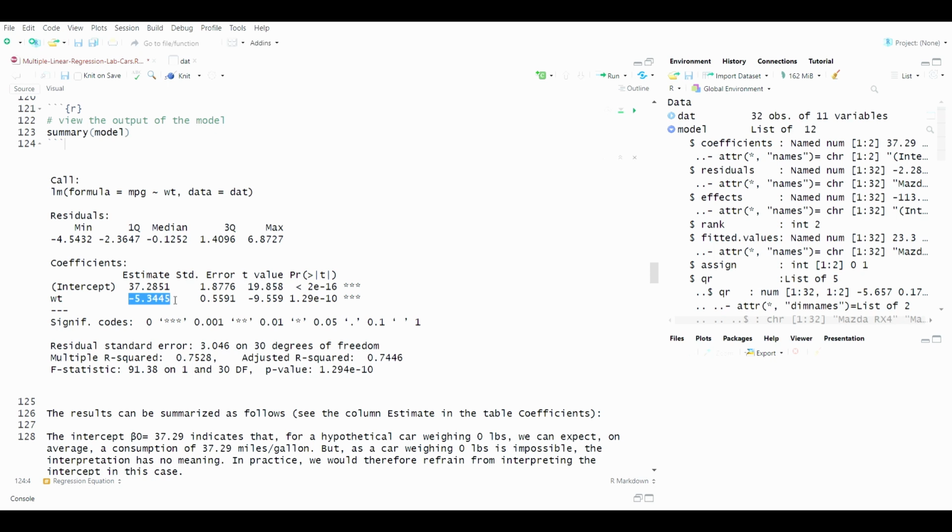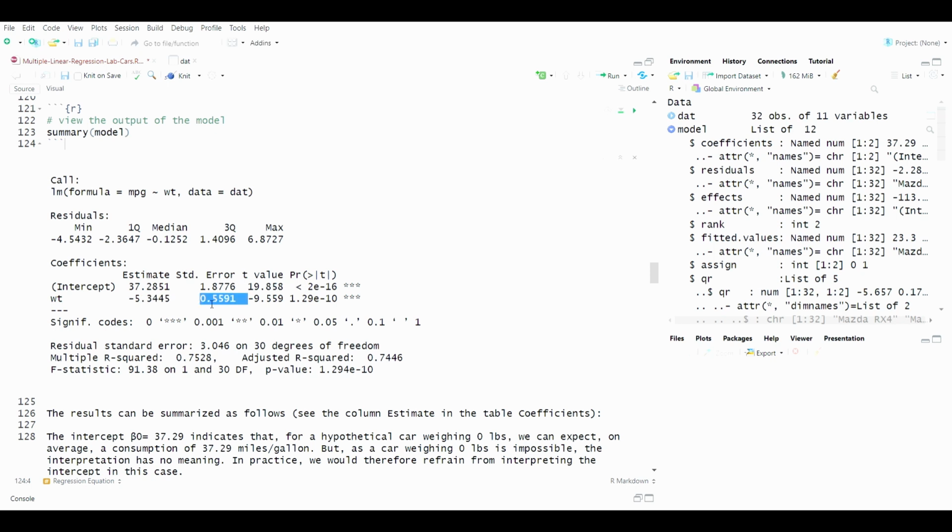This is the amount that miles per gallon changes for every 1 unit change in weight. Remember, 1 unit in this case is 1,000 pounds. So for every 1,000 pounds that a car increases in weight, the miles per gallon decreases by about 5.